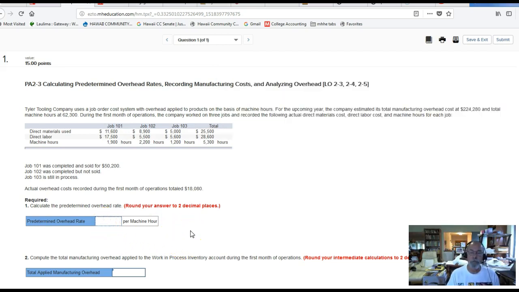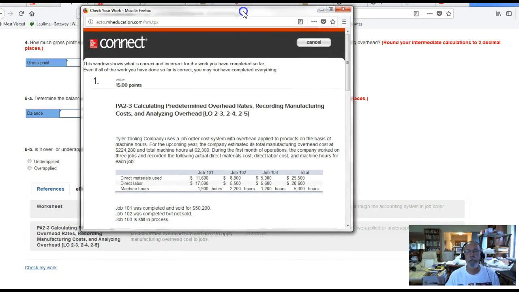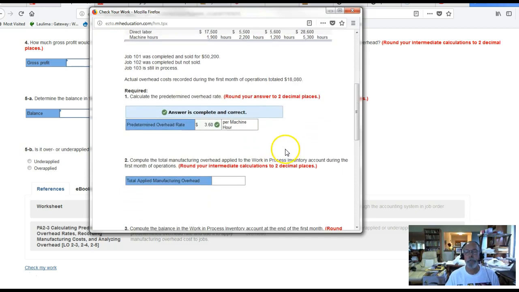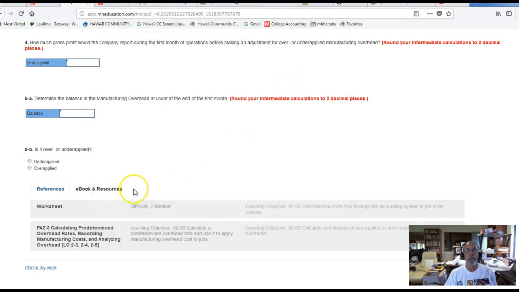So we'll go ahead and put that in there, 3.6, and of course, as we always do, we want to check that we're okay, and we're okay. So our predetermined overhead rate is $3.60 per machine hour incurred for each, and that rate is used based on actual machine hours for each job. Okay.